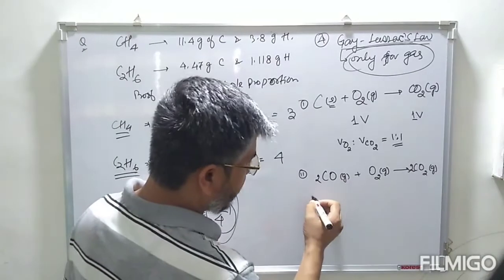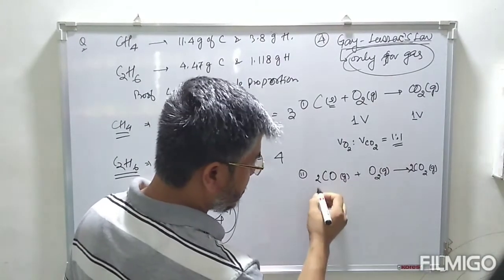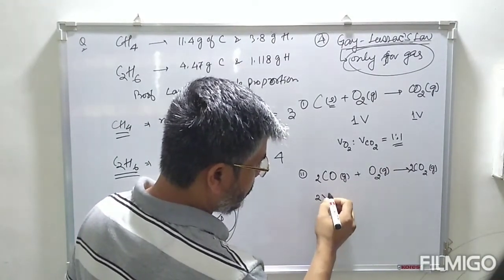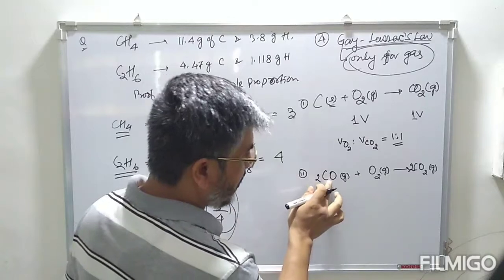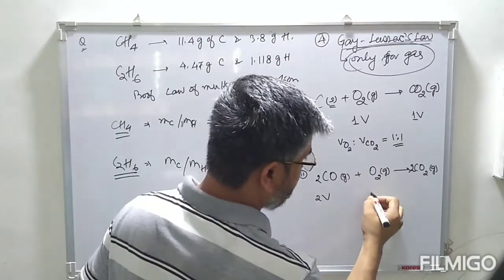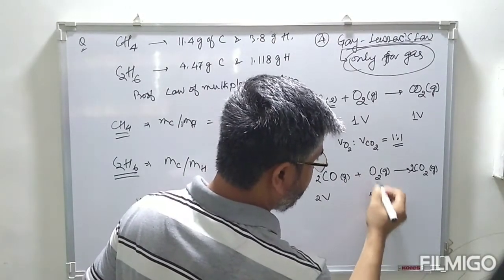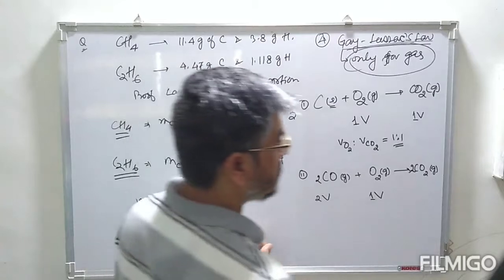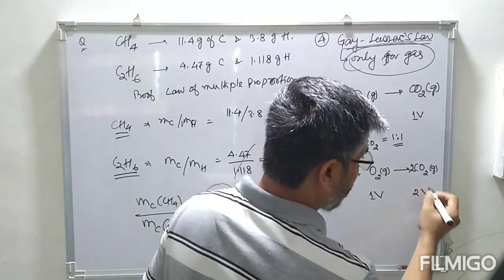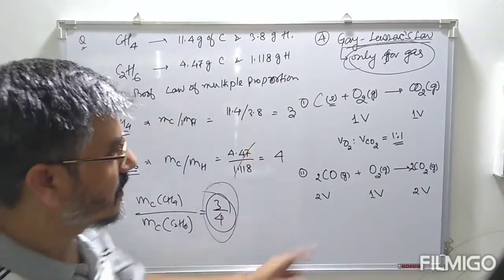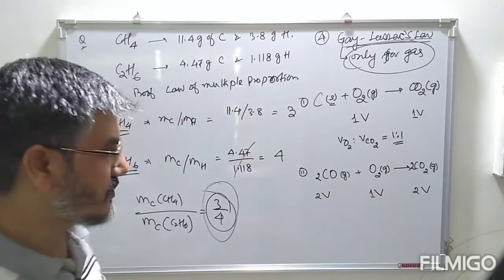Then look at this. We have in the balanced reaction 2 volume of carbon monoxide always combines with 1 volume unit of oxygen, and this always gives you 2 volume units of carbon dioxide. So therefore look at this.